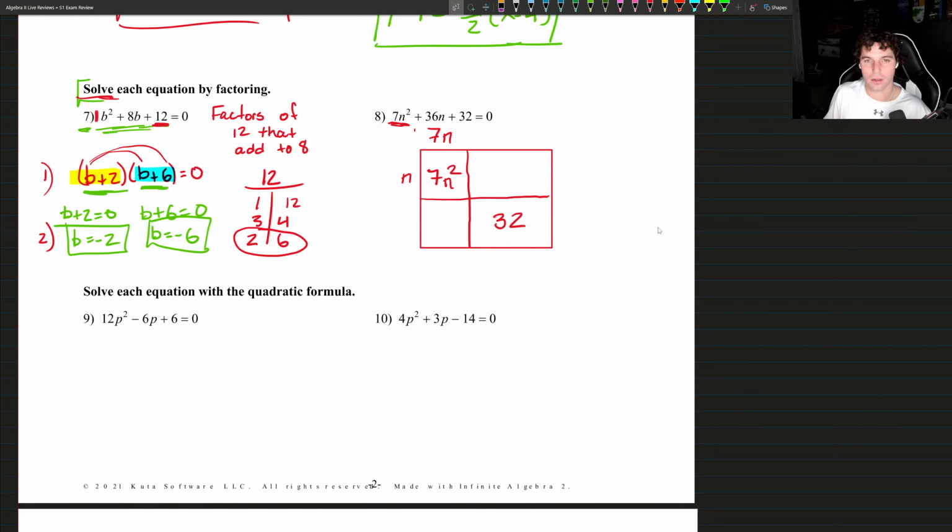All right. Then we need to figure out factors of 32 such that these two boxes add up to 36n. Okay. So in order to do that, 32, 8 and 4, I think are two factors. And this might take some guessing and checking. So I'm just going to write 8 up here and 4 down here. Okay. Then this is a multiplication table, and all we're trying to do is add up two different boxes and see if it's equal to what we want it to be.